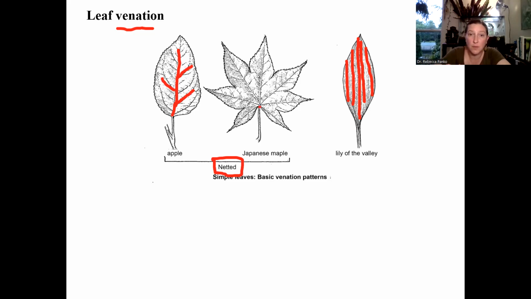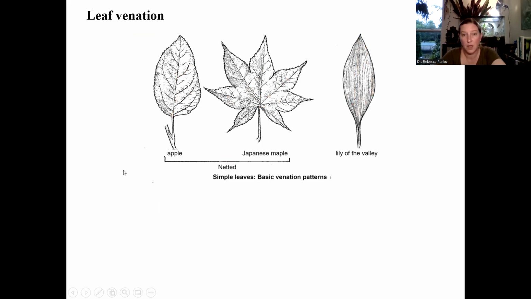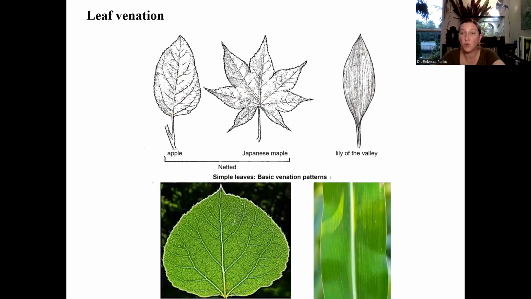Or netted could look something like this, where you have, in our maple example, a bunch of veins and then maybe littler veins connecting between the other veins. The point is, netted is not parallel. And we'll look at some more examples here. This is in real life, not a drawing.